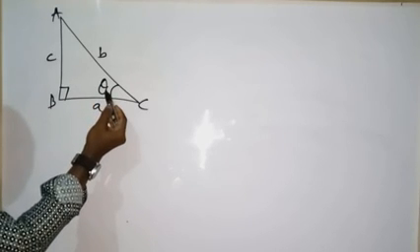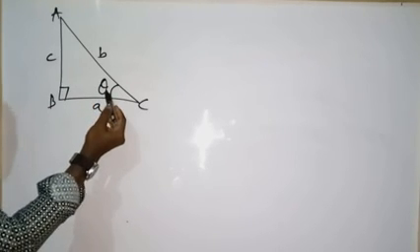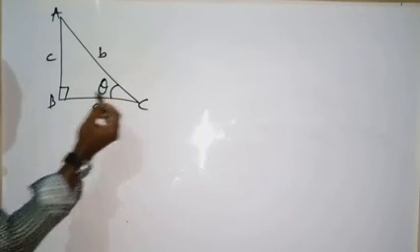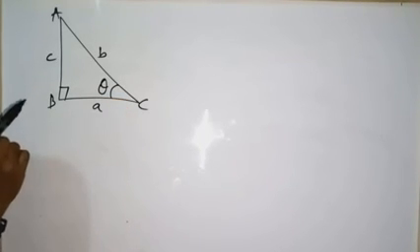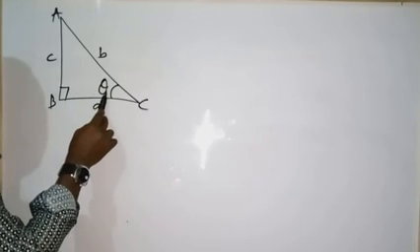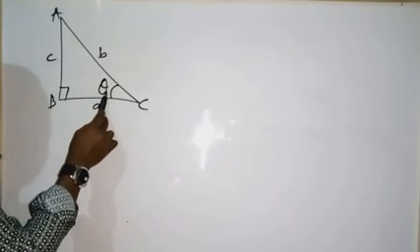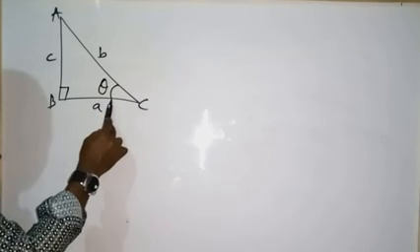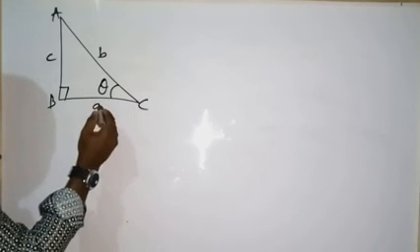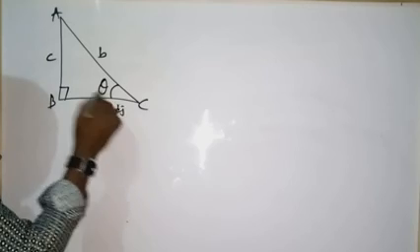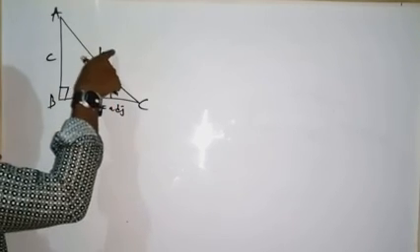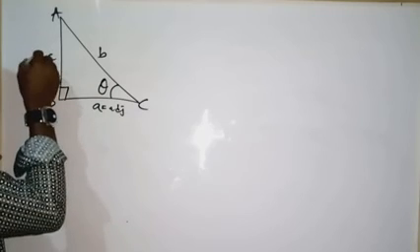To this theta, the side joining the angle theta to 90 degree is the adjacent. In this case, this is the angle I'm looking for. This is the side joining it to 90 degree. So this is the adjacent to this angle. The side facing the 90 degree is the hypotenuse. So definitely this one is the opposite.